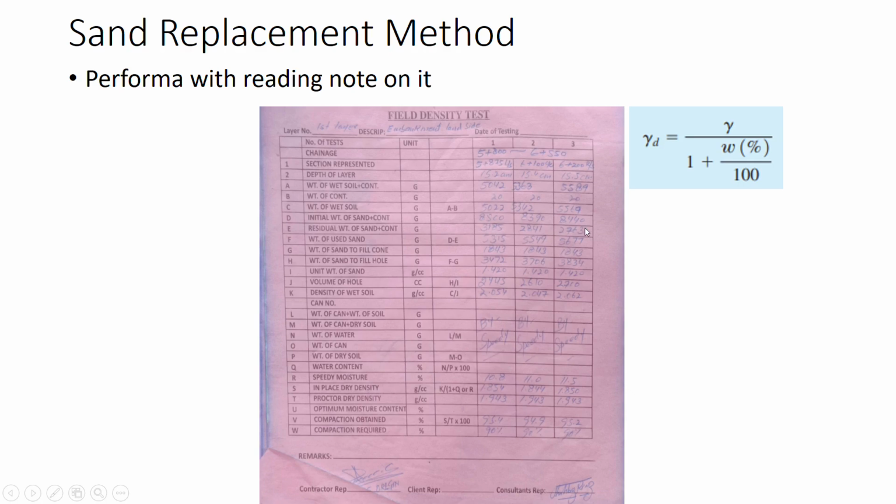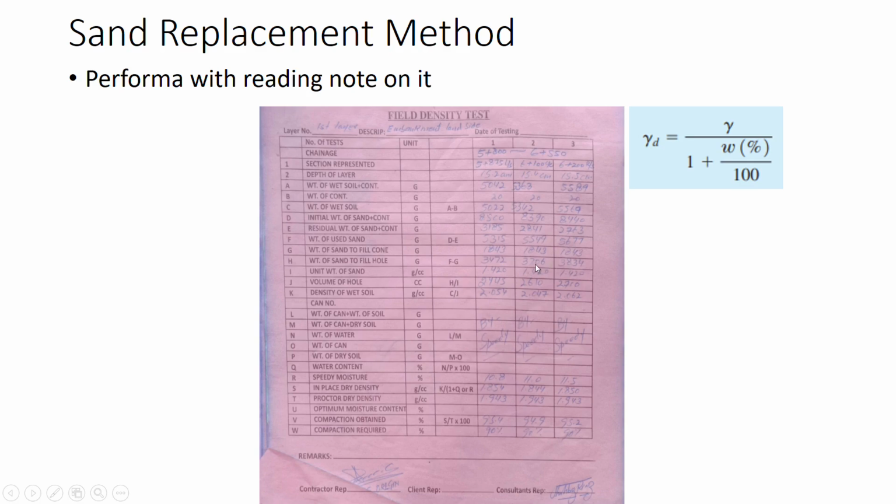This is after the sand is poured into the hole, and this is the sand used for filling the hole only. This is the same 1843 in the cone, sand to fill the cone.